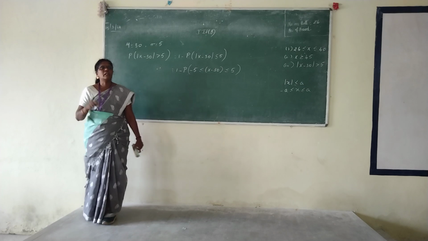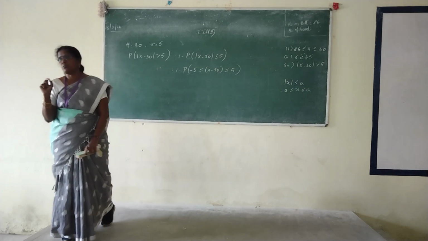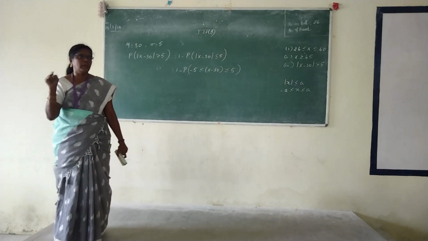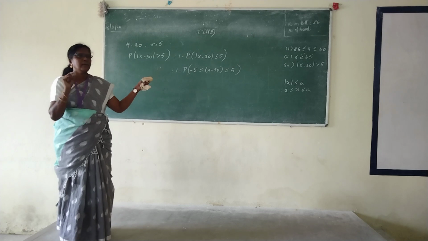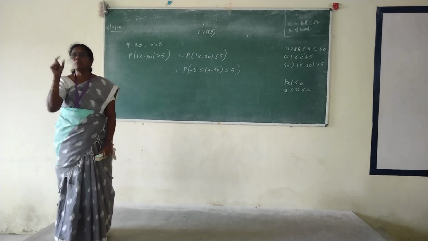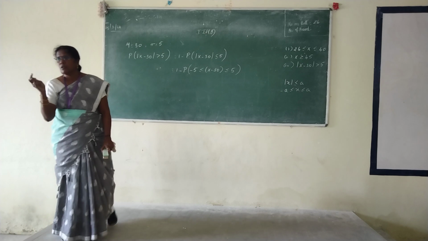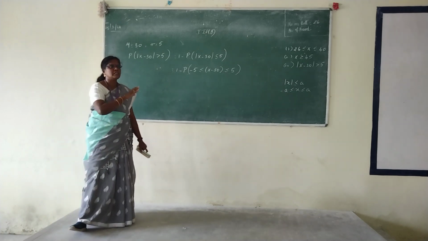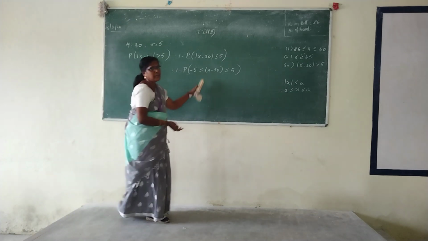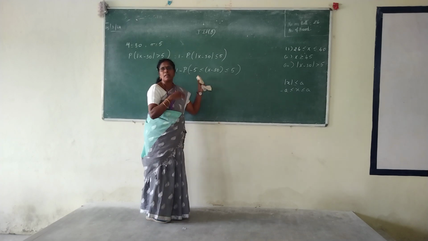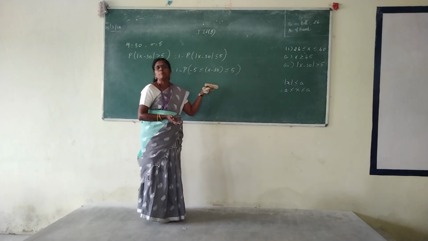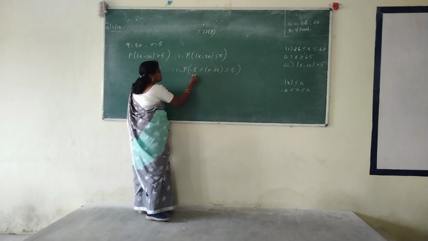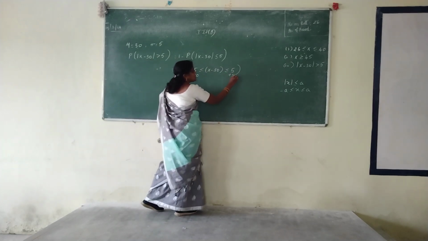Here we define all the random variables with respect to the origin, that is with the x value. But what we are having is x minus 30. We have to remove that 30. What we can do is bring it to the left hand side as well as to the right hand side. It is minus 30, so if we bring it to the other side, it will become positive. So here we will get plus 30, and here also plus 30.